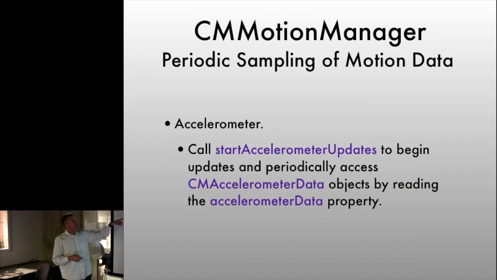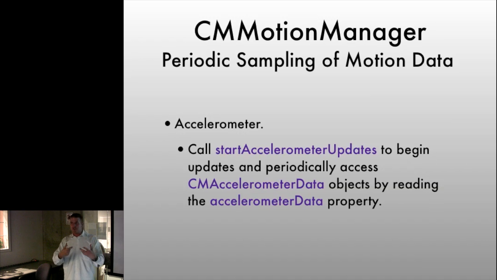So if you want to do your own sampling of the data, as opposed to being interrupt driven, with the accelerometer you just say start accelerometer updates, and it will start collecting the data in the background. You can access the CM accelerometer data object by reading this property.